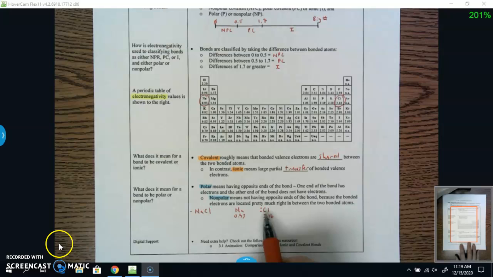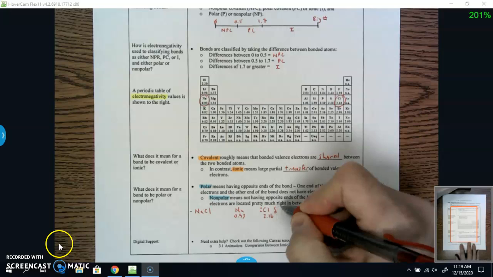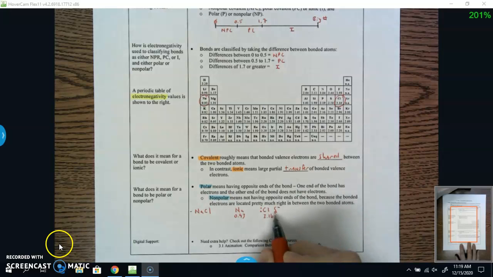Now, because chlorine grabbed onto a valence electron that used to belong to sodium and pulled it over closer to it, we would now say that chlorine, because it's partially grabbed onto that valence electron, is partially negative. This is a lowercase Greek delta symbol, and it means partially.